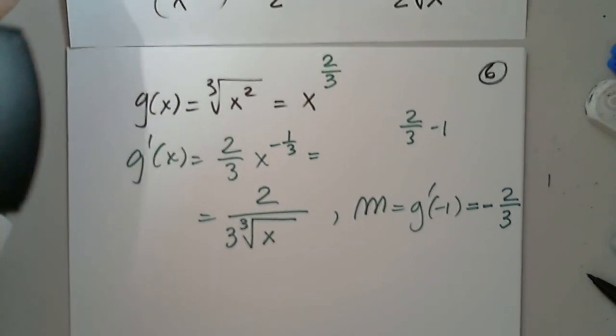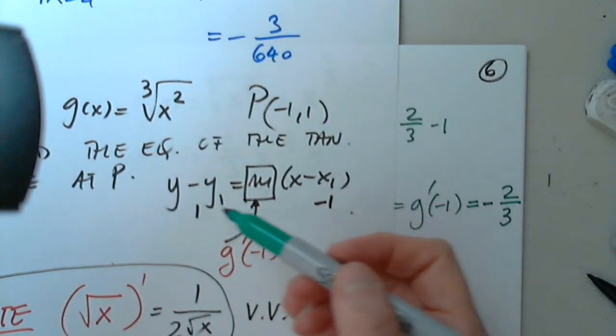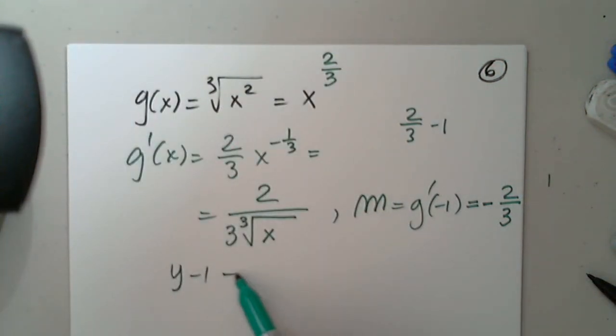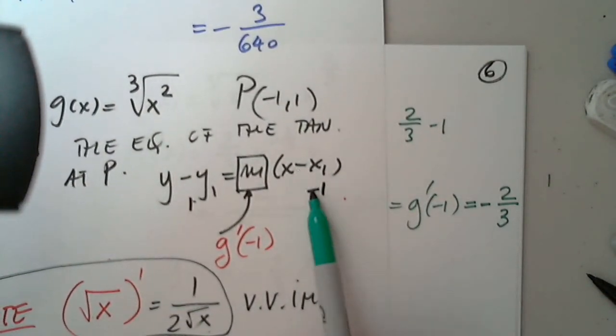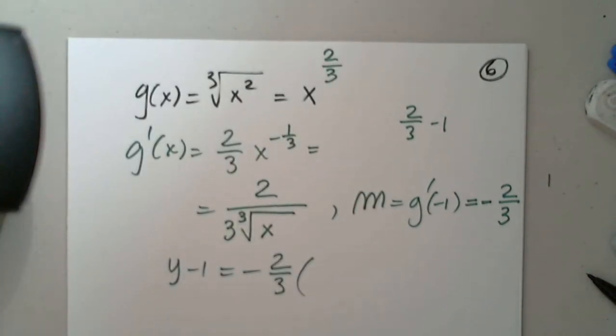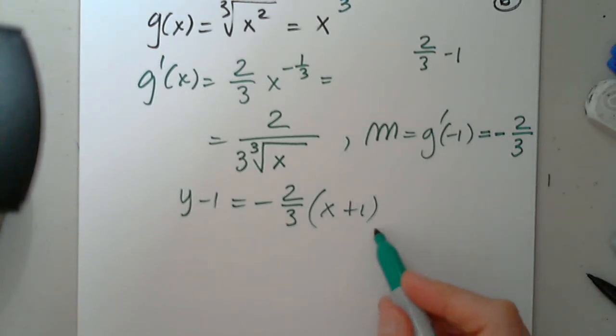Great job. So now all I have to do is go back here and plug in negative 2/3, and the whole thing is done. y minus 1 equals negative 2/3 times x minus minus, which will change into plus, x plus 1. At any point in time, I have to solve for y.